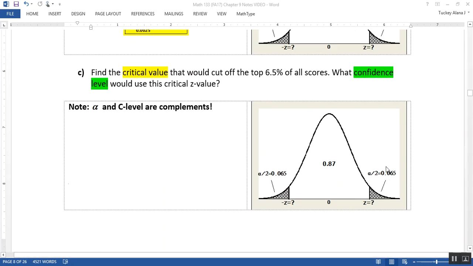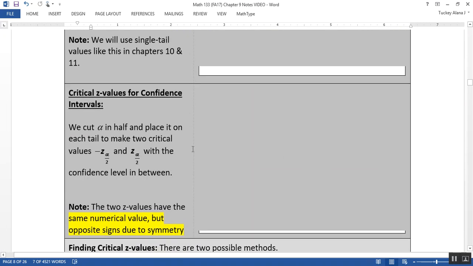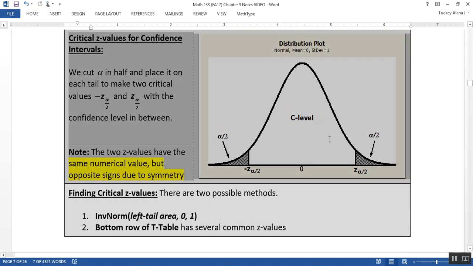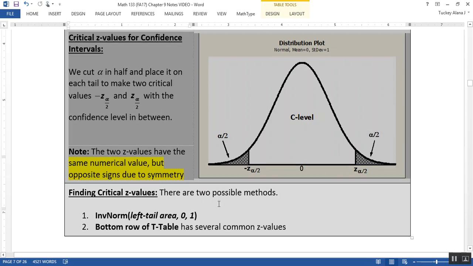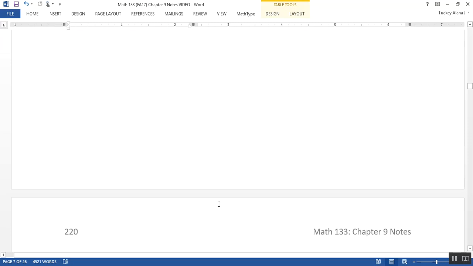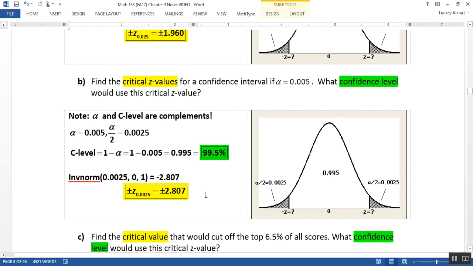We have the top 6.5%, but because this is a confidence level given to us, we know that this is automatically an alpha over 2, because if you scroll back up, you can see the only pictures that happen for confidence intervals, which is the only type we're dealing with right now, has to be that the right tail is alpha over 2. So I know that alpha over 2 is 0.065. So I can use that fact to find alpha, and then I can use that to find my confidence level.